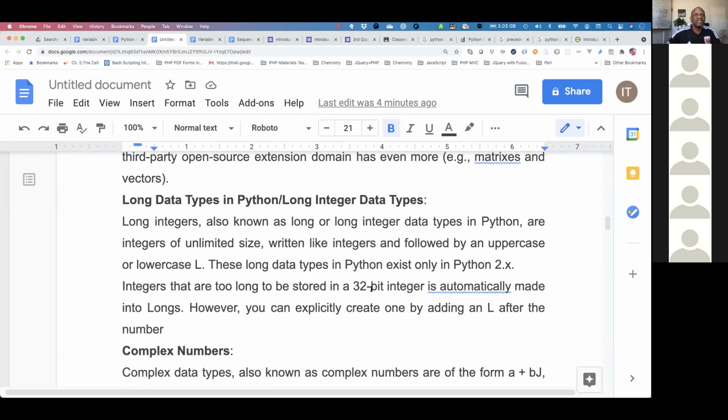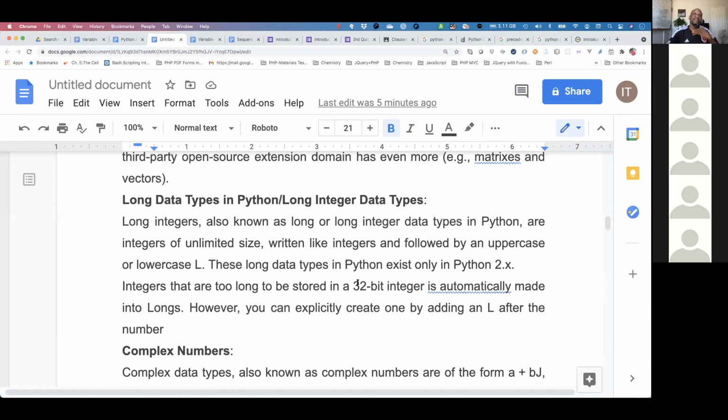They are long, up to a 32-bit integer. That means if the number goes beyond that, Python will automatically take it as a long. However, you, as a programmer, can explicitly create one by adding an L after the number.